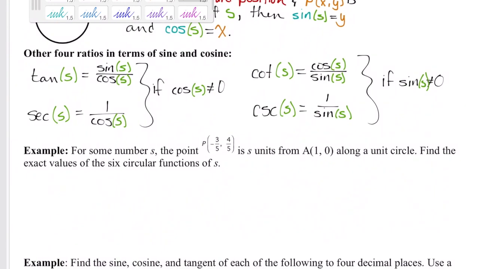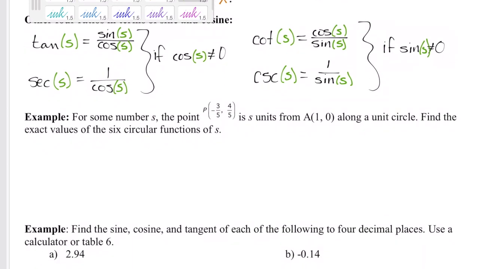So then this next part: for some number s, the point negative 3/5, 4/5 is s units from (1, 0) along the unit circle. We want to find the exact values of the six circular functions of s.